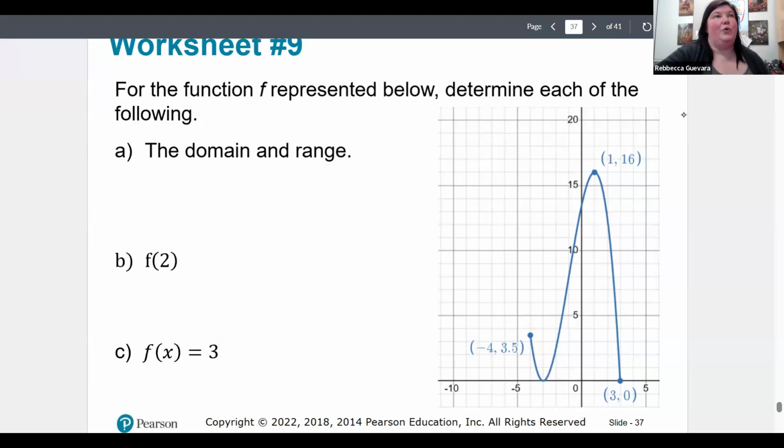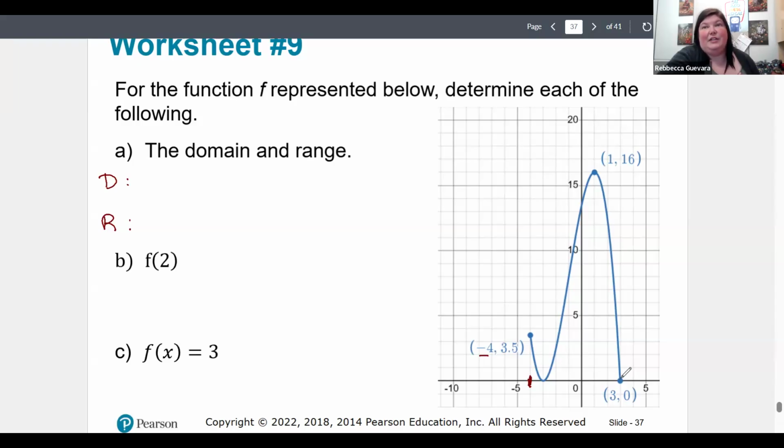Okay, so there we go. I'm writing D and R for domain and range. For this function, my domain, so I always say you look for your smallest x value, which we see here. My smallest x value is -4, so this is marked for us.